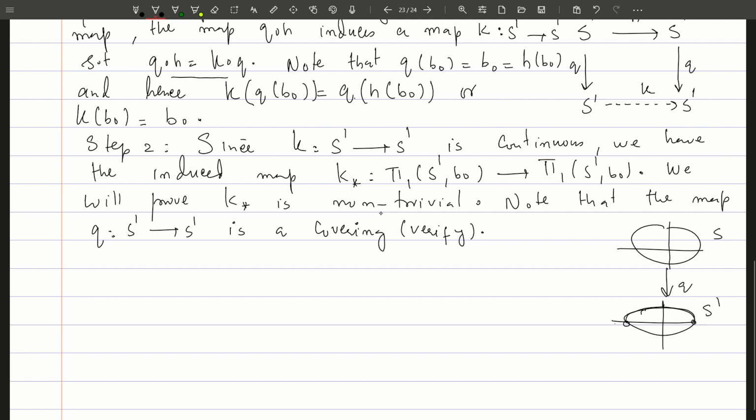So this is the set of those points in S1 which have the positive second coordinate. Let us call this U. Then P inverse U consists of those points of S1 lying in the first and third quadrant. I mean P inverse U will be these two open arcs.